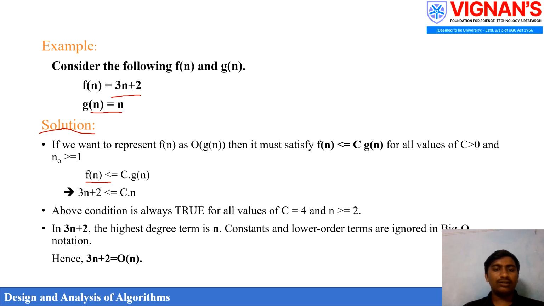Coming to the equation, f of n is 3n plus 2, and g of n is n. The above condition is always true for c equal to 4 and n equal to 2. Then we solve this equation and get 3n plus 2 equal to big O of n. Constants and lower order terms are ignored, so the time complexity is big O of n.